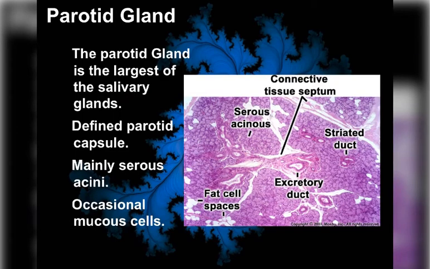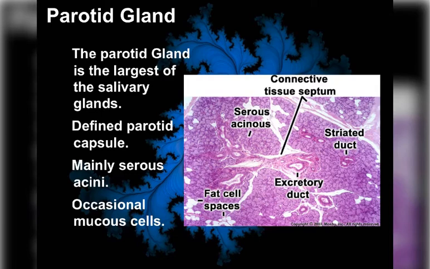The parotid gland, now we'll talk about gland by gland. The parotid gland is the largest of the salivary glands. It has a defined capsule. This gland, the parotid gland, is completely serous.